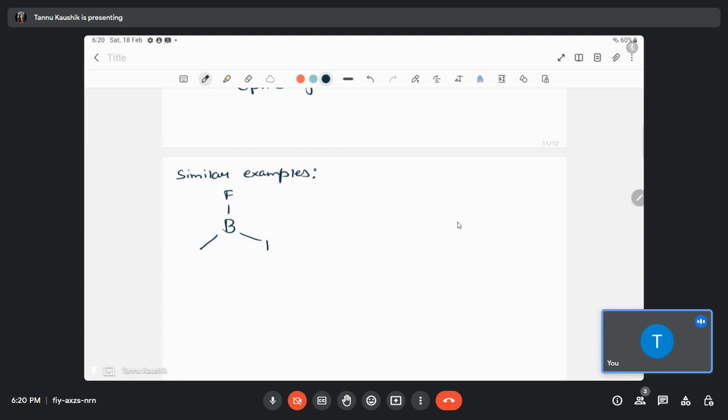It will also have D3H point group, and you can also find it out in this N3P3Cl6.